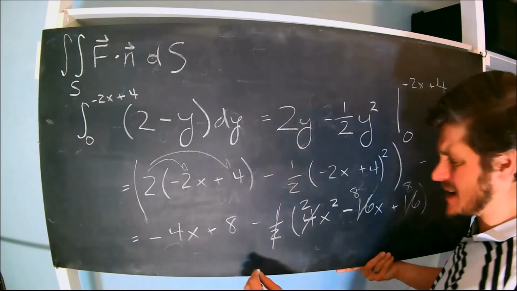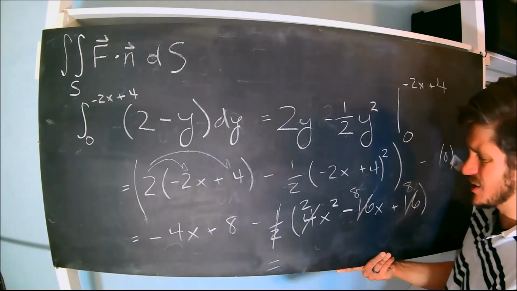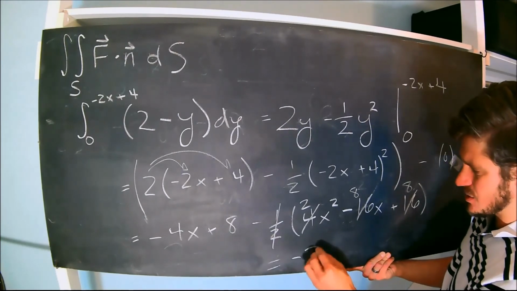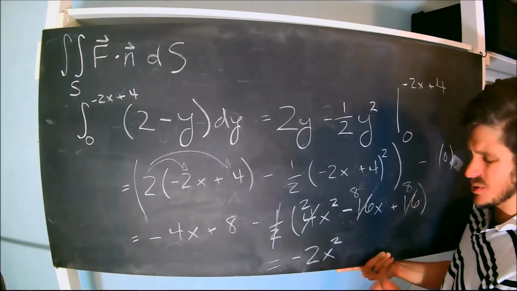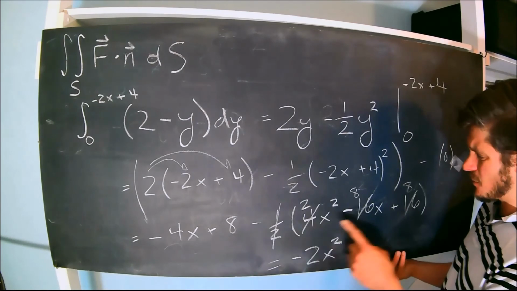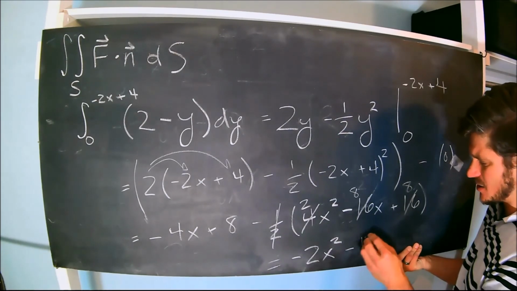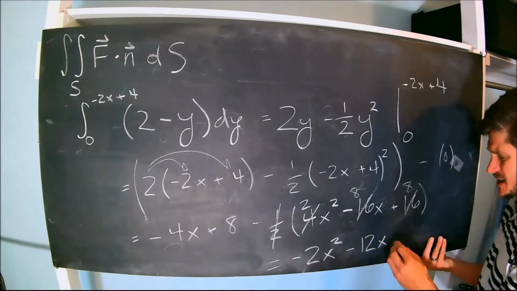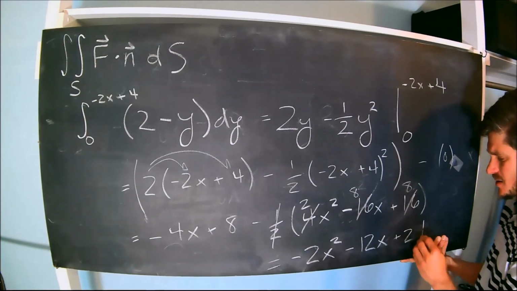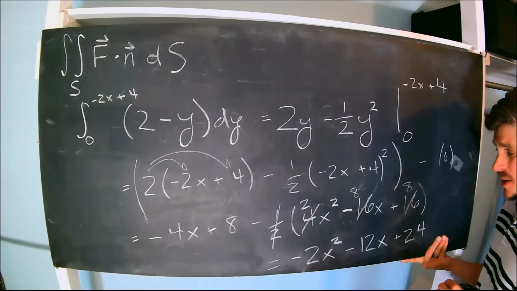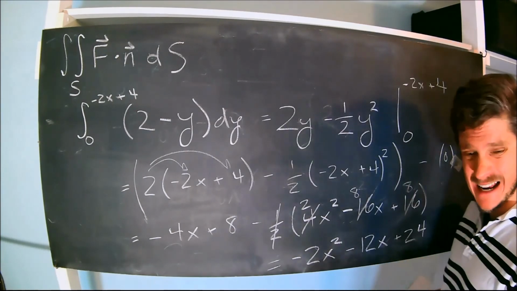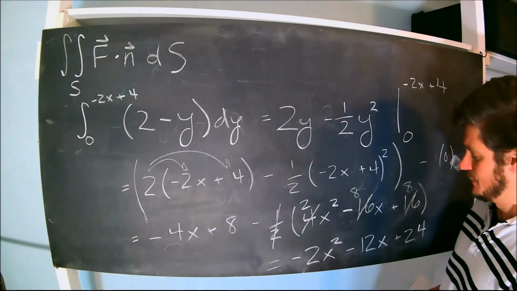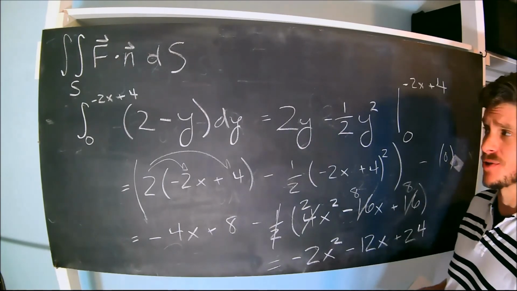Can I clean this up any further? I believe I can. So I have minus 2x squared, in standard form, minus 4x and minus 8x would be minus 12x, and then plus 8 plus 16, so plus 24. I can actually factor a 2 out if I wanted to, I probably won't. But now we're ready to do that second iterated integral.